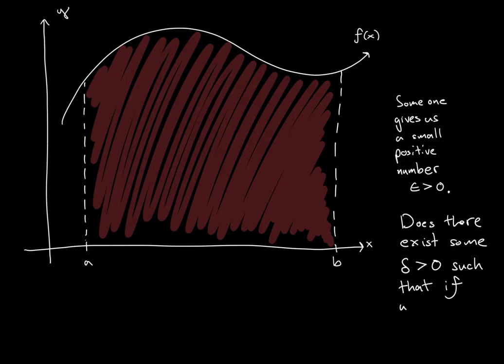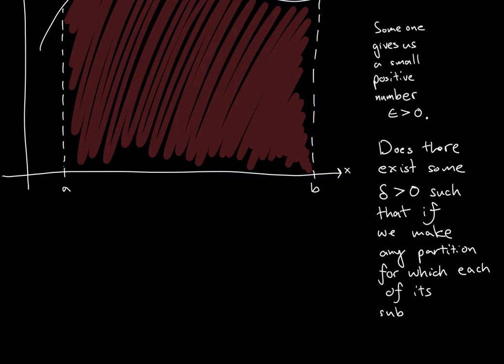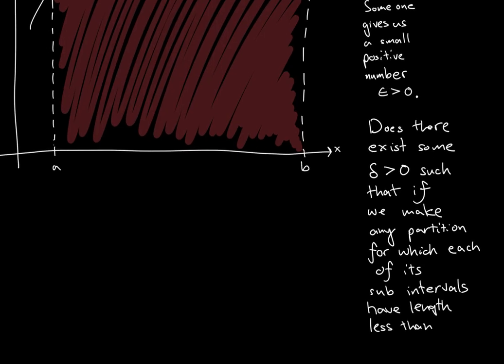if we make a partition, any partition, for which each of its subintervals have length less than delta, then... So does there exist some sort of response, just like in the epsilon delta definition of a limit?